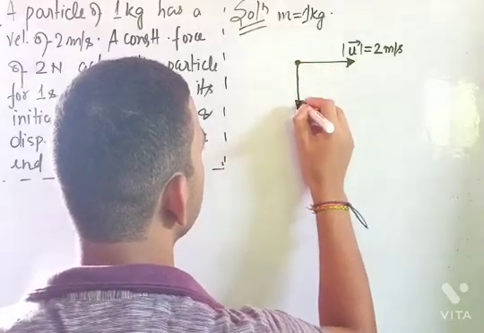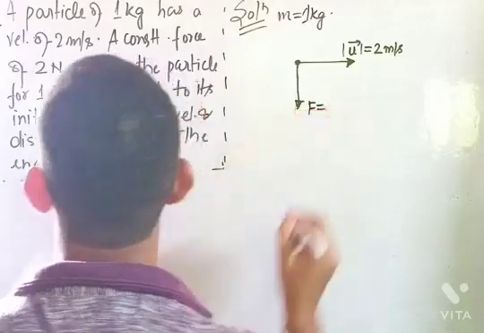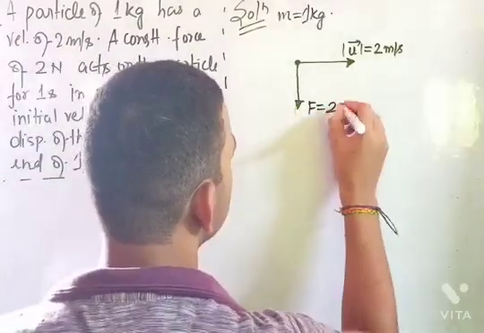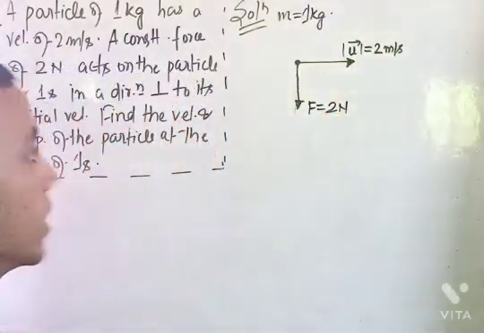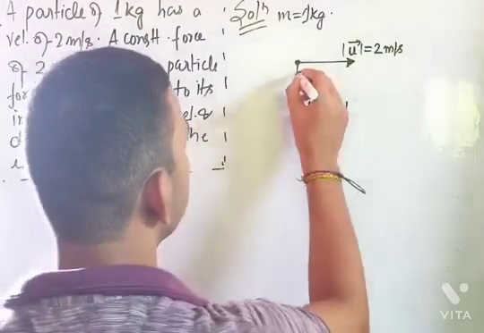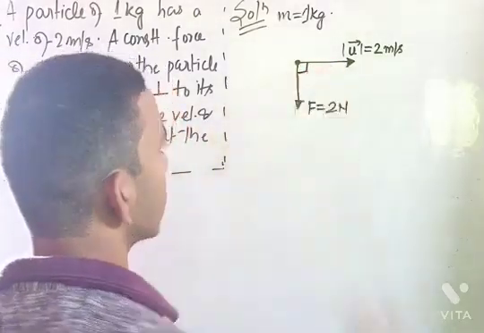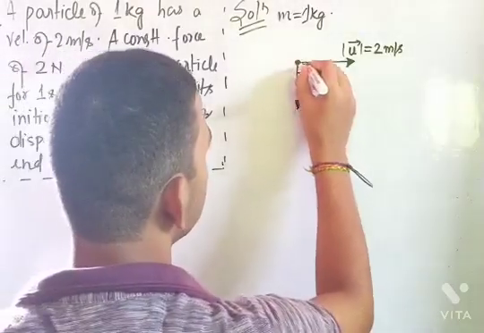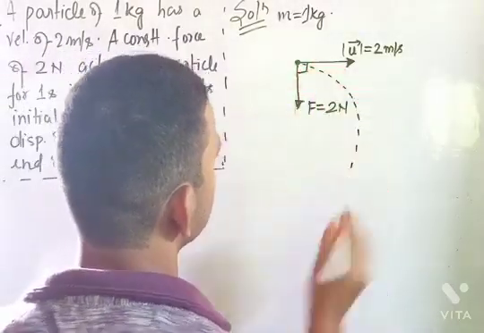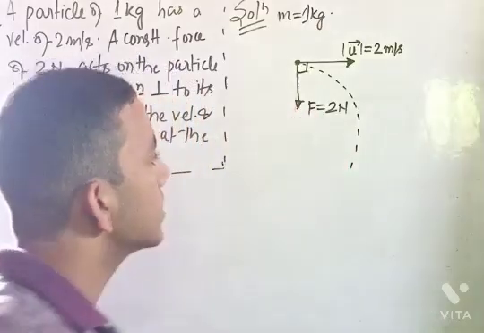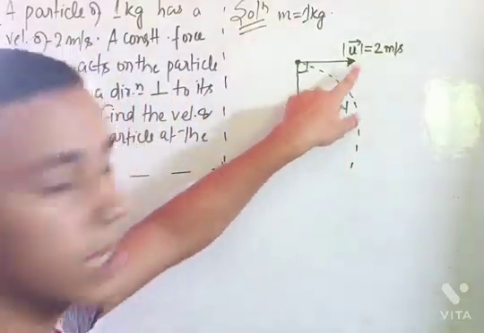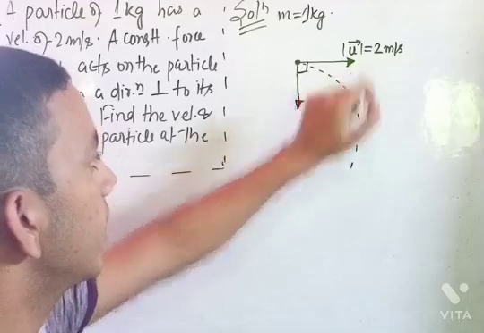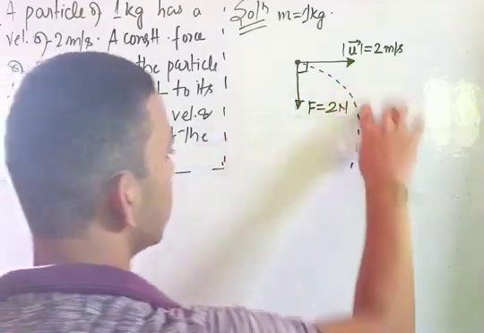a constant force F is equal to 2 Newton acts on the particle, which is in the direction perpendicular to the direction of initial velocity. Therefore, the path of the particle will be in this way. Since the net acceleration is perpendicular to the uniform initial velocity, the path will be in this way.